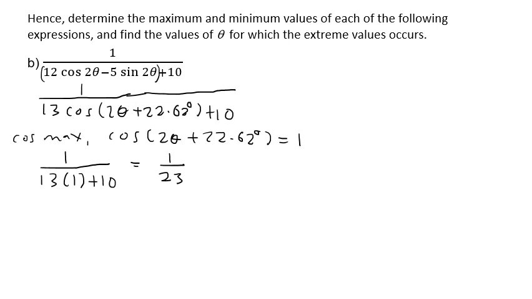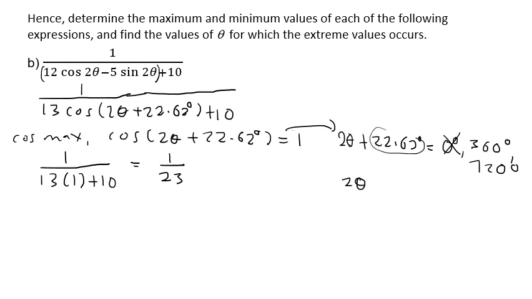And where does it occur? It will be the same as the previous question. We know that 2 theta plus 22.62, when cos equals 1, is at 0, 360 and also 720. And from the previous question, 0 degree we cannot include because when we subtract 22.62 we get a negative value.